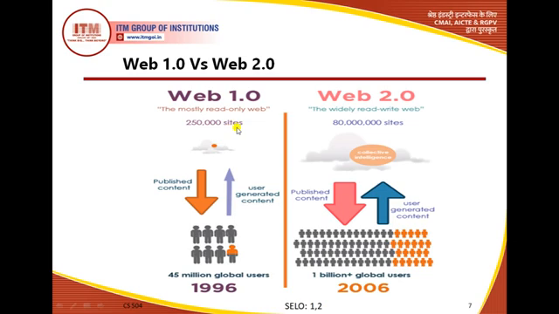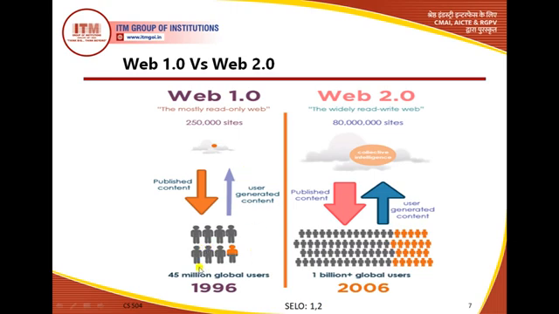Writing on the web was not the practice in those times, so mostly the read-only web was used. Published content was more, and user-generated content was quite a lot lesser.